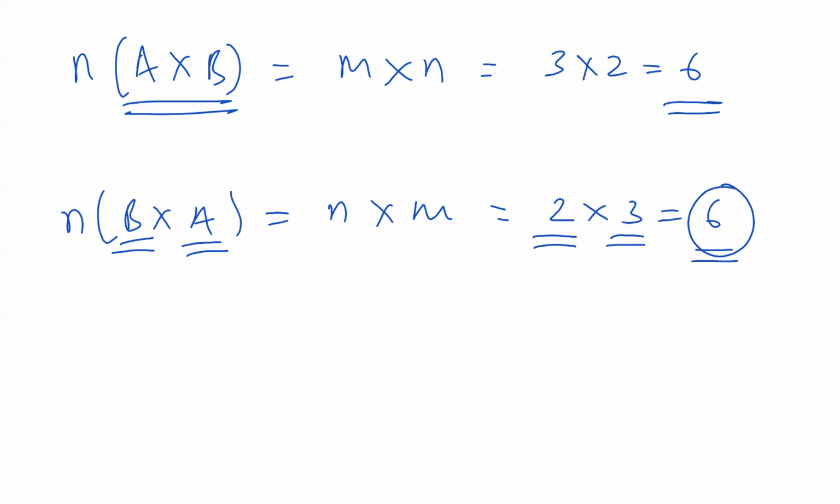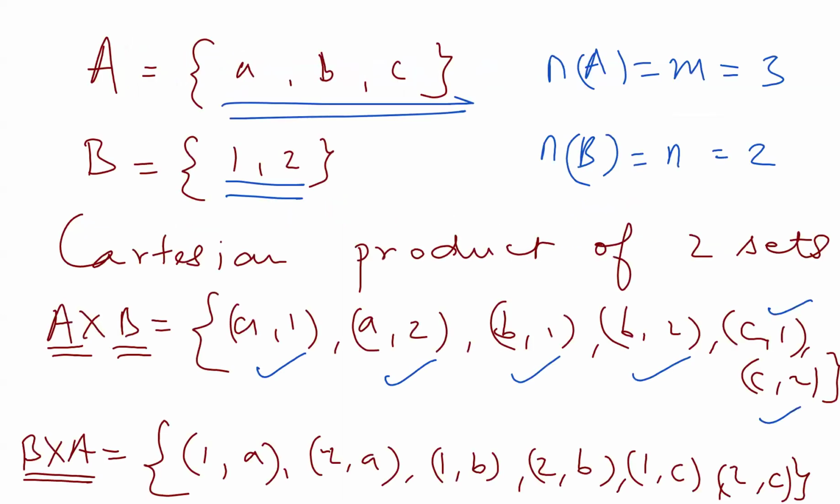Let us verify this information. Look at B cross A. There are 6 ordered pairs. So I hope everybody understood the introductory part, that is the Cartesian product of two sets. So let us go to the exercise and solve a few problems based on this concept.